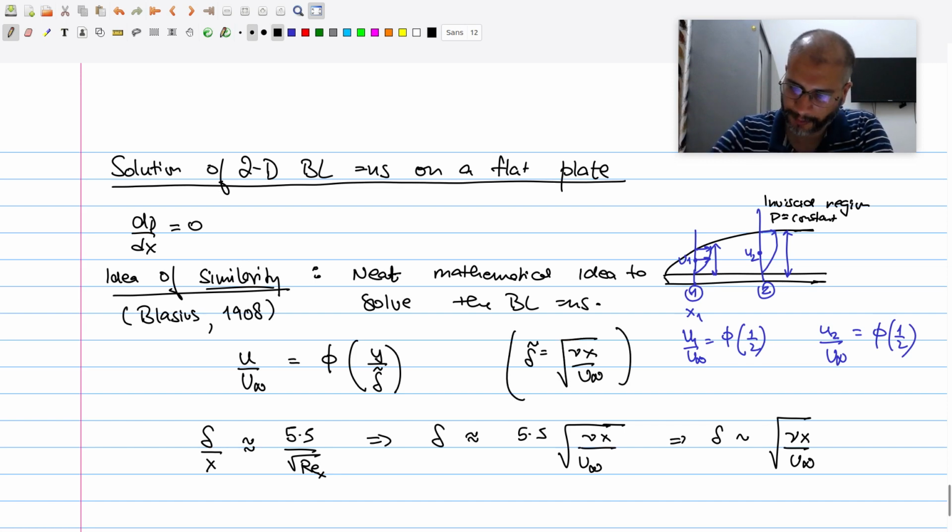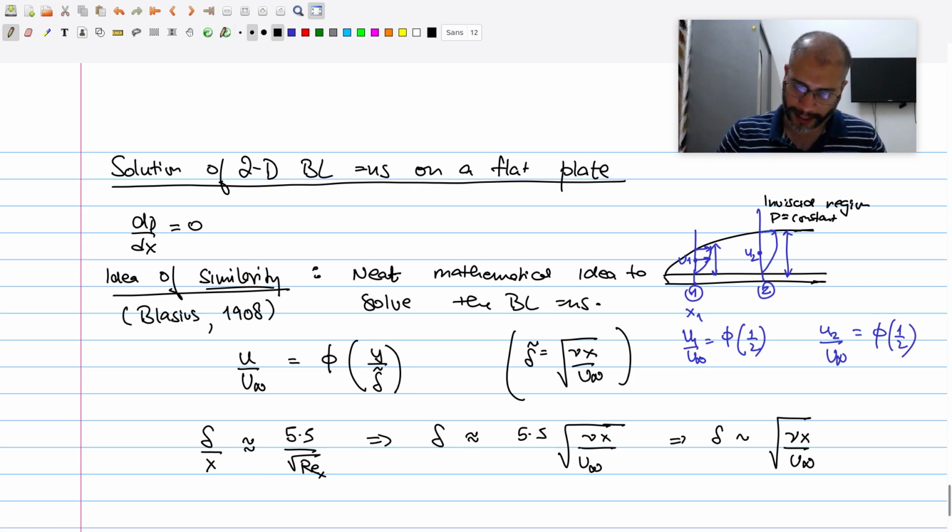The idea of similarity is that this delta has to be the boundary layer thickness, but since we are talking about functional forms, if something is a function of 5.5 times x, then I can also modify that as some other function as a function of x. So in our discussion we will be using delta tilde, which is simply square root of nu x upon u infinity, and the idea of similarity I have already discussed.